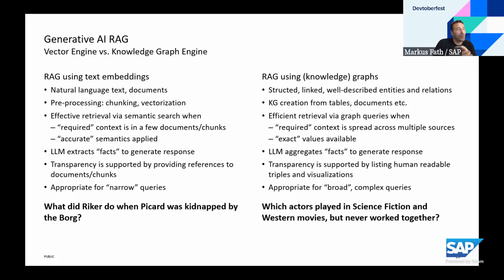So as you probably know, if we are looking at naive RAG on natural language text, and we're using text embeddings, there is usually a pre-processing step where you rip larger documents into smaller chunks and then do a vectorization of that, which allows you to run a very effective semantic search on these chunks.